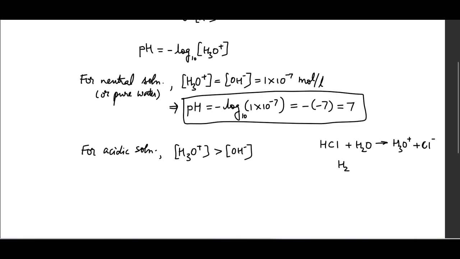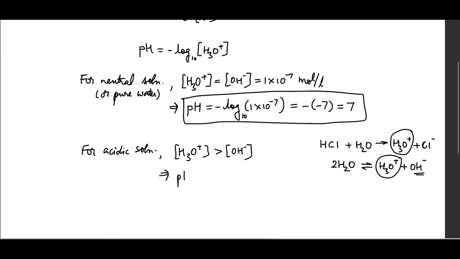Now H2O by itself has some auto ionization, and what does H2O yield? We also learned this. 2H2O yields H3O plus plus OH minus, correct? So there is extra concentration of H3O plus compared to OH minus. That's what is reflected here.